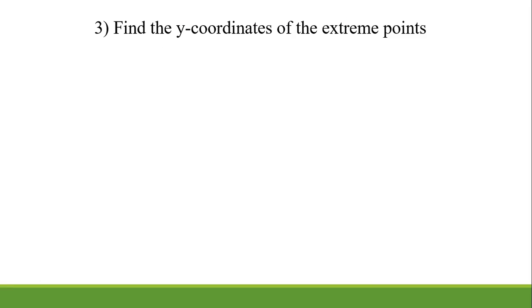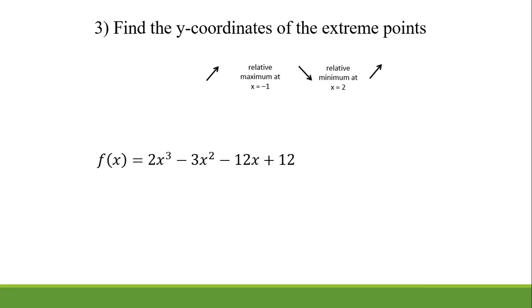So now we're going to find the y-coordinates of those two extreme points we found. So this is the information we have. We know that we have a relative maximum where x is -1 and a relative minimum at x equals 2. This is our function. And remember, the function is a relationship between the x and y coordinates on the curve.